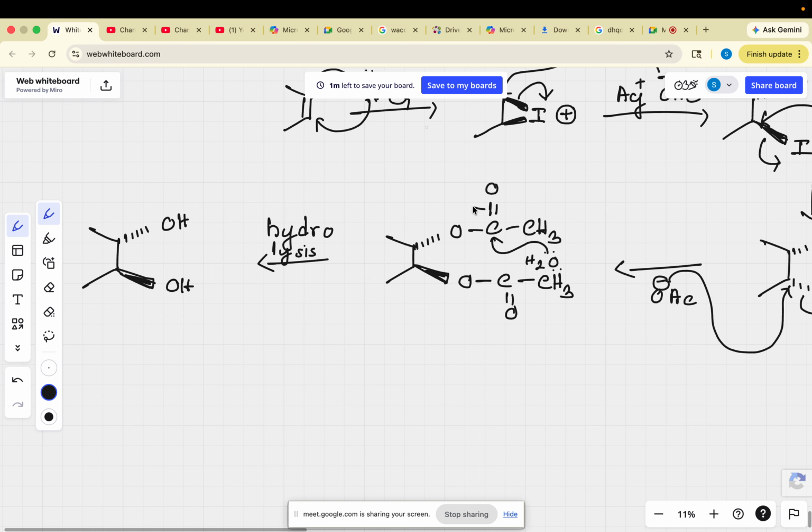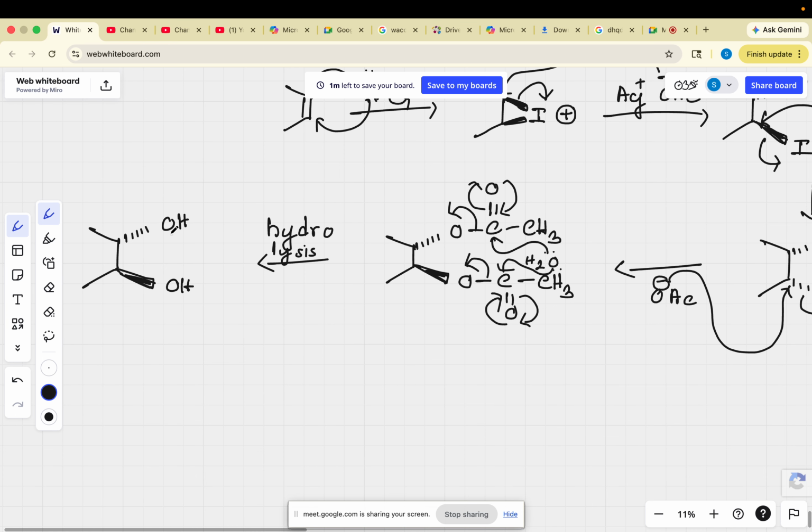This bond will break, again this will come back, and ultimately the carbon oxygen bond is breaking. Similarly here also, if water attacks, this bond will break, this will come back, and ultimately this bond is breaking. So you are getting this diol compound. Clear? Yes, sir. Clear, right?